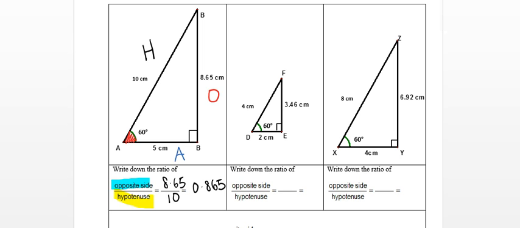We have 3.46 over 4, which gives us 0.865. And for this triangle, we have 6.92 over the hypotenuse 8, which also gives us 0.865.